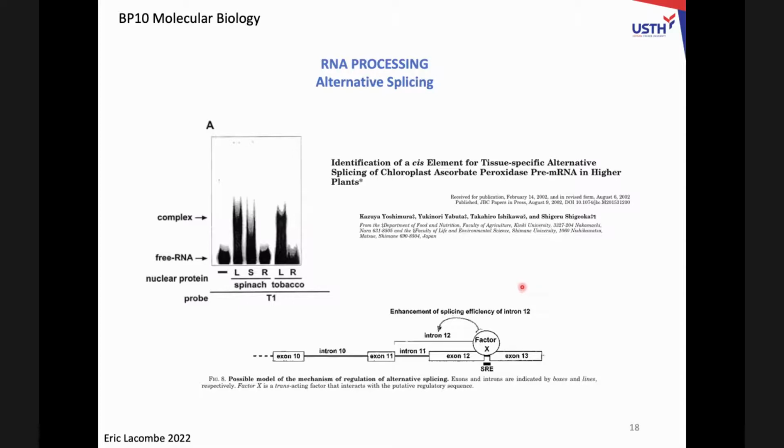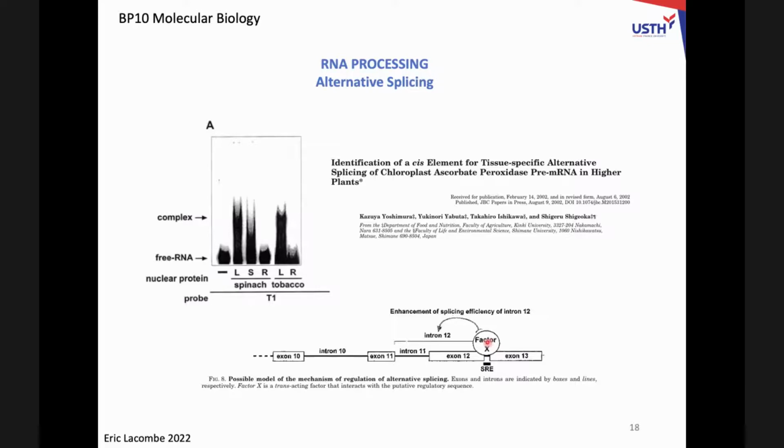In other words, does the mRNA in roots contain exon 12, and does the mRNA in leaves contain exon 12? The one in roots has exon 12, but the one in leaf doesn't.